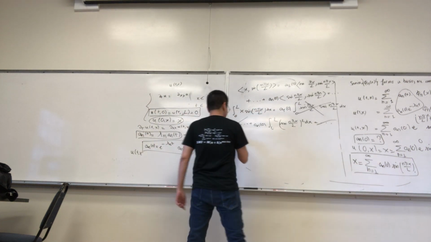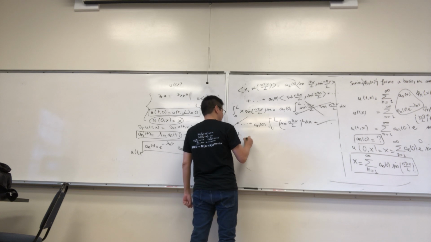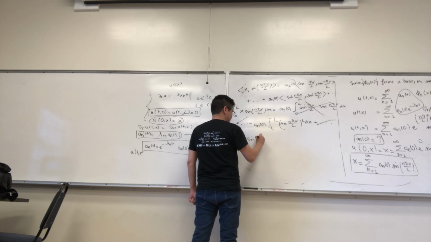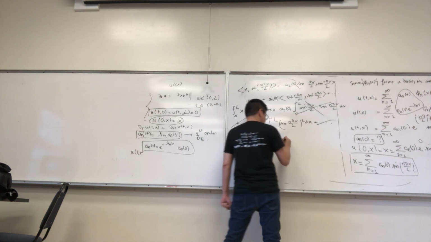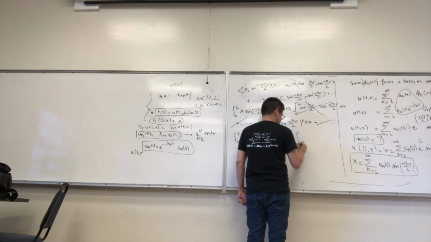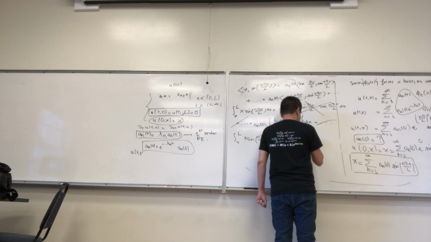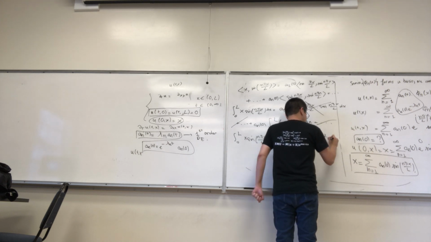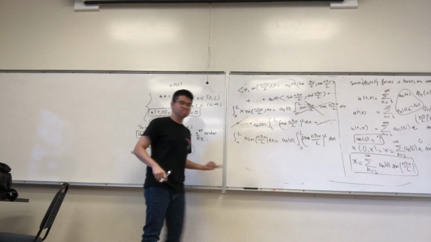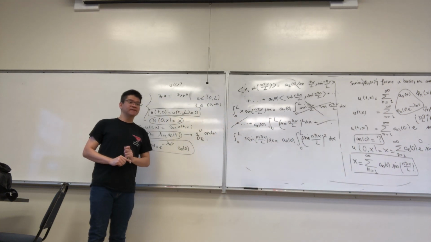Which means that the integral from 0 to L of sin(n pi x over L) dx is going to be a_n0 times the integral from 0 to L of sin squared of (n pi x over L) dx. Questions?